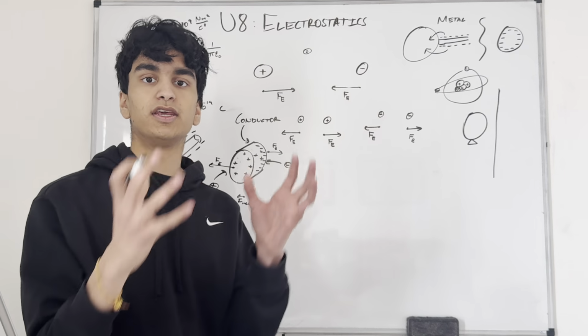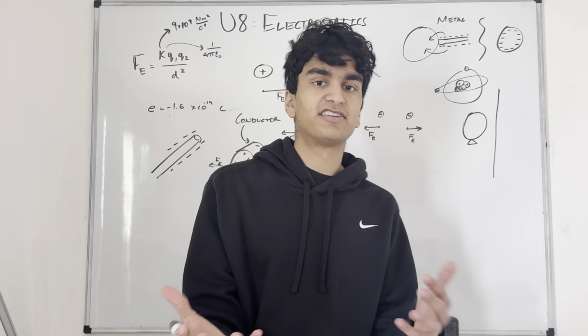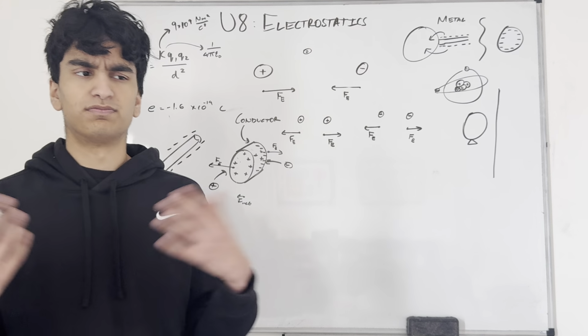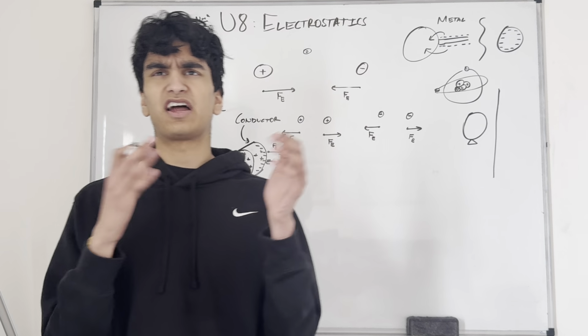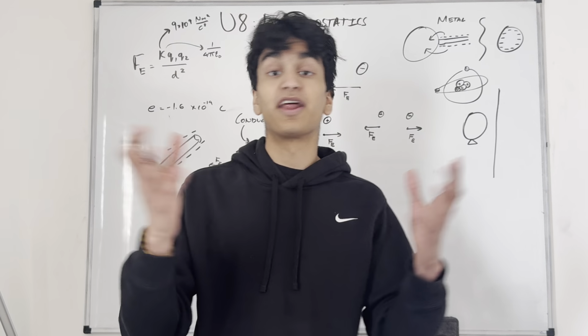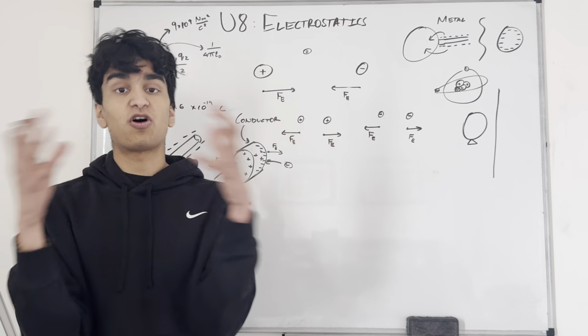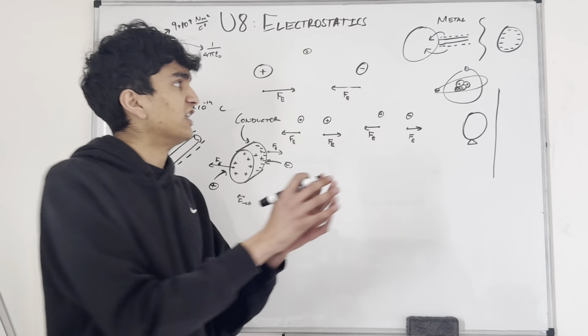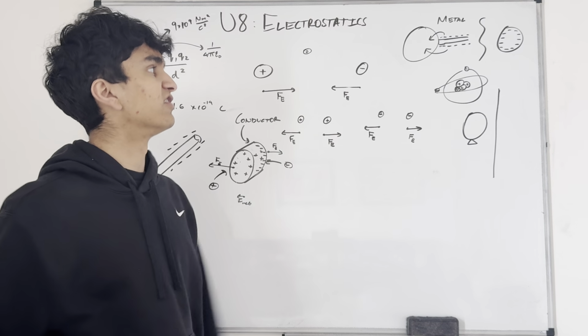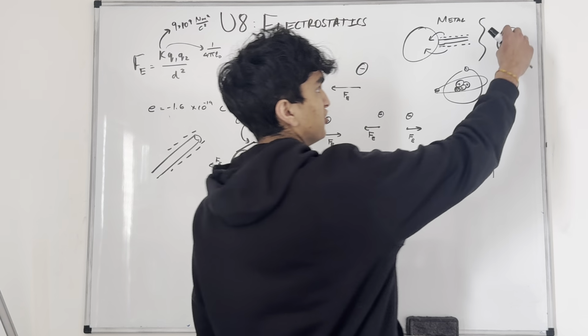That makes sense, because all the excess electrons that I added to this metal sphere are repelling each other, and they all want to get away from each other. So they're going to try to maximize their distance from each other by spreading out.